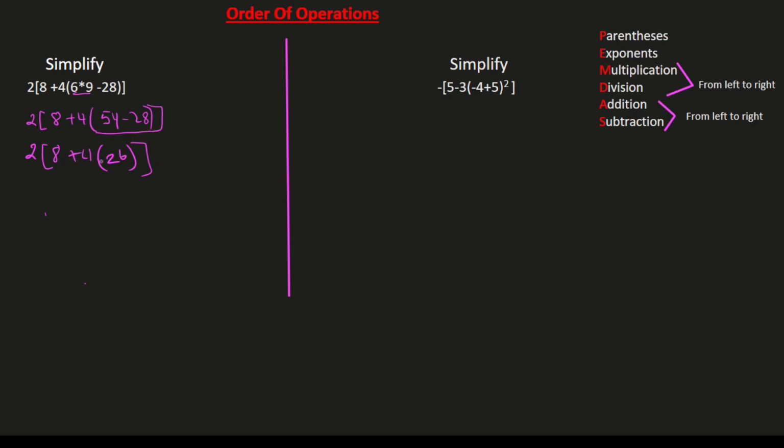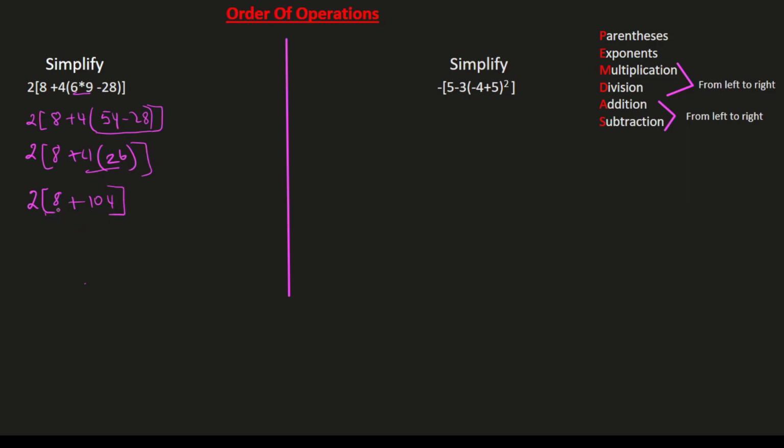We get 8 plus 4 times 26, and the only thing we can do right now is this multiplication. That's what we should do right now because we are here. Multiplication. This is 2, 8 plus 4 times 26 is 104, and you close that bracket over here.